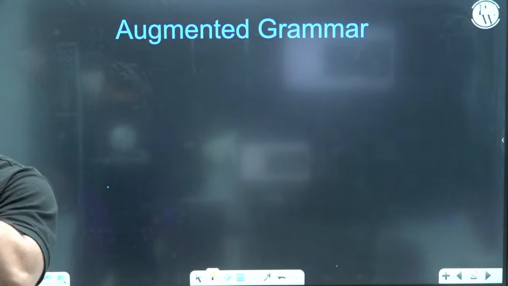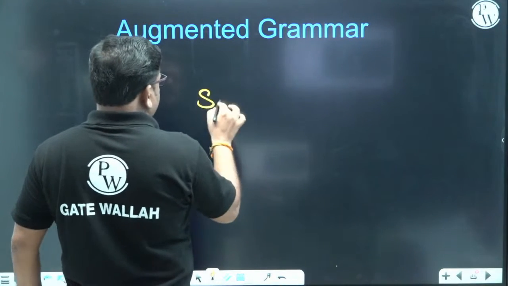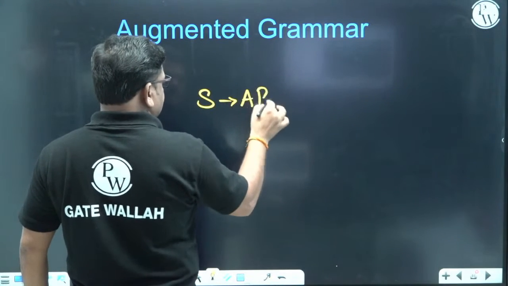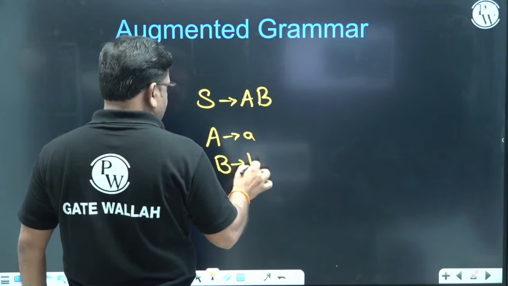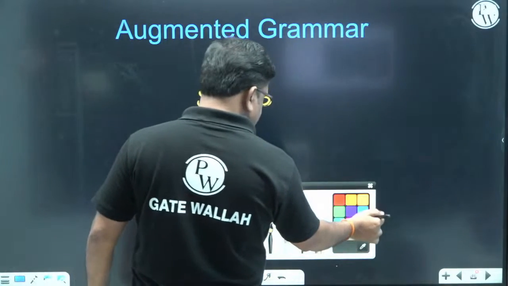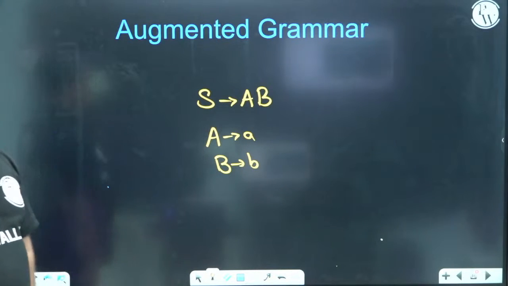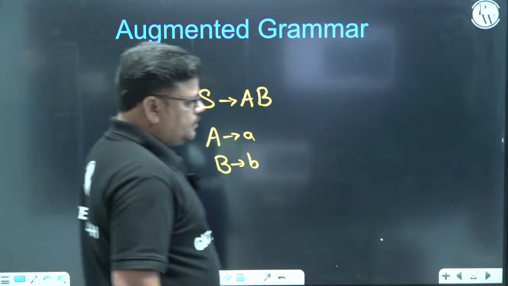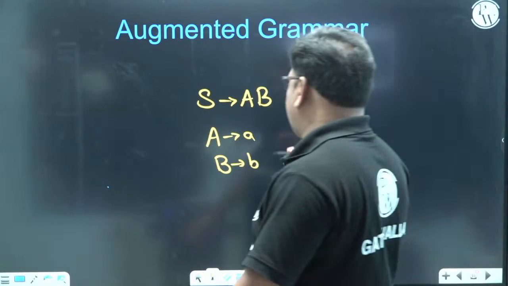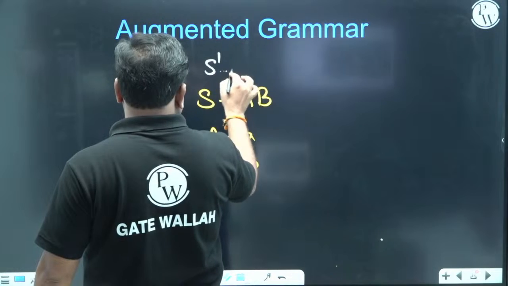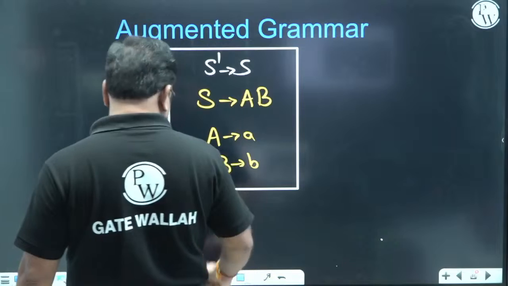Augmented grammar. So what is the augmented grammar? If we have a grammar like this, we just construct it by adding a new production, S dash gives S. This total structure is called augmented.